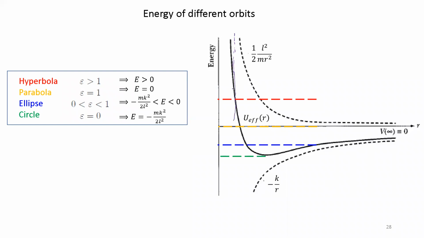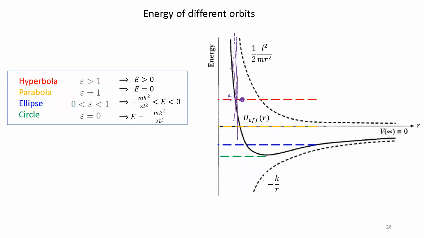So this particle is not allowed to move closer than this purple line over here. Because if your energy is that much and you go to this side, then you will get a negative kinetic energy.